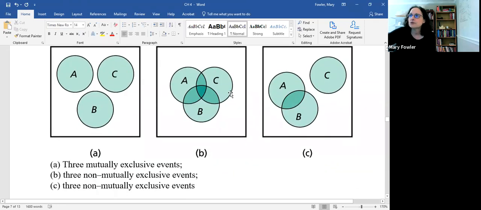If you have 3 sets or more, we would consider the first picture here mutually exclusive. And both of the pictures over here are not mutually exclusive, right? If events are mutually exclusive, then if I know one occurred, I know for sure that the other 2 did not occur. And that is only true in this picture here on the left and not in the 2 pictures on the right.